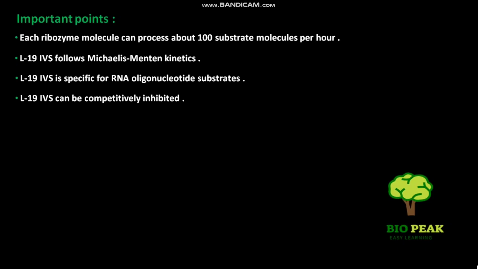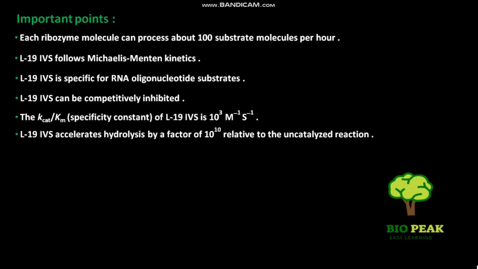L19 IVS can be competitively inhibited. The kcat/Km specificity constant of L19 IVS is 10^3 per mole per second. L19 IVS accelerates hydrolysis by a factor of 10^10 relative to the uncatalyzed reaction.